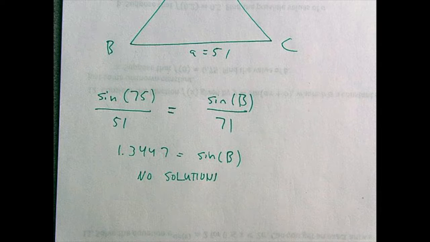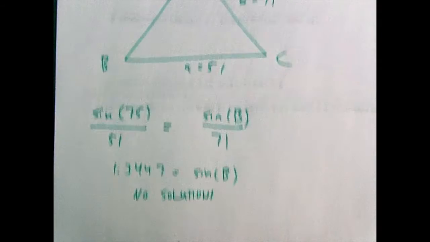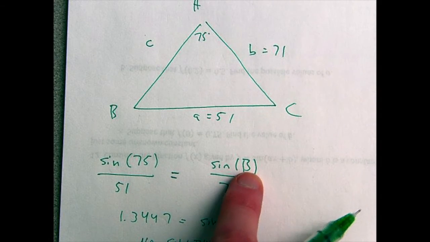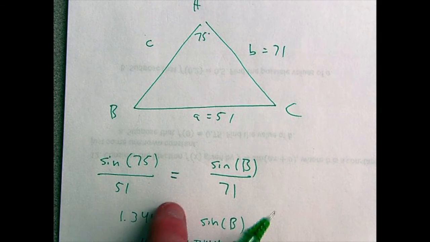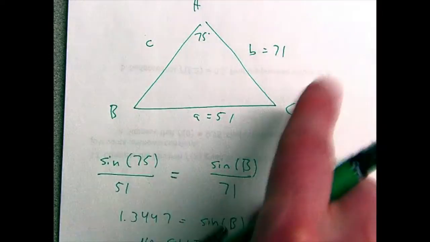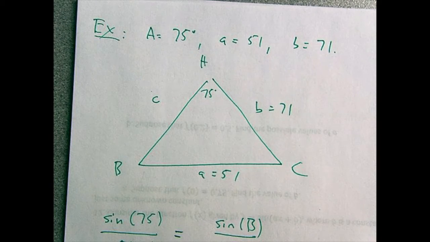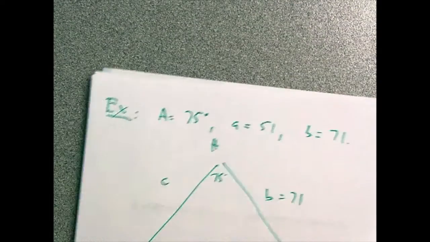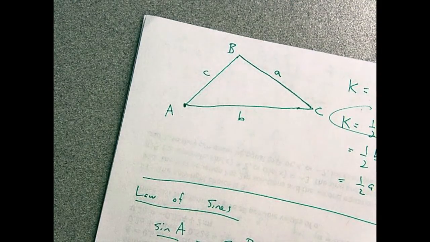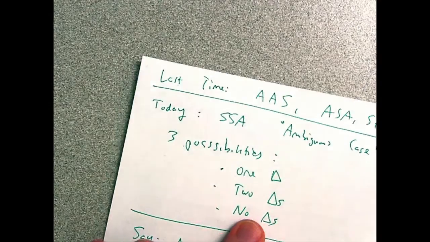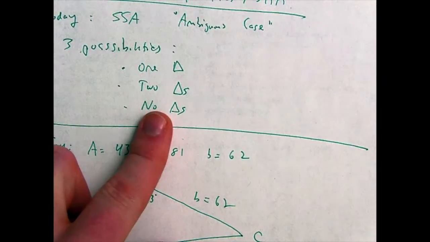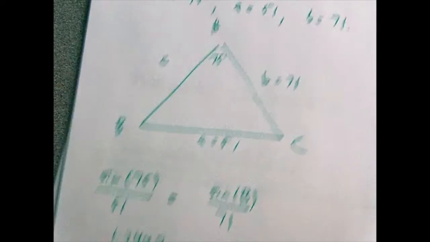The sine function only takes values between negative and positive 1. So this equation has no solutions, which means that there are no values of B that could possibly satisfy this equation, which means that there's no triangle that could possibly match this initial data. That's what I'm talking about in the third possibility when I say it's possible to have no triangles.